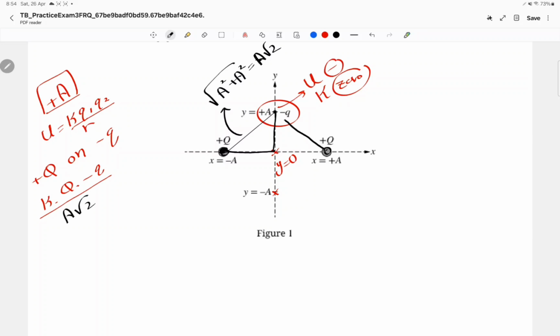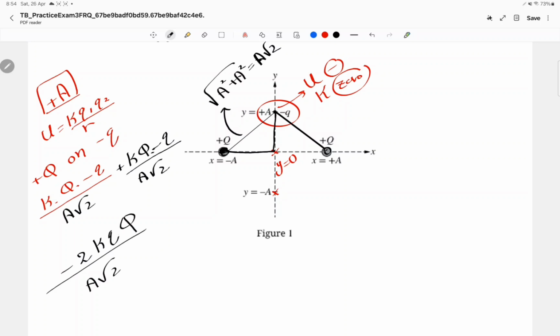It's also equally distant, right? So we're going to just add it up. So we're going to have k, q, minus q over a root 2. So we're going to have negative 2kq squared over a root 2. And as you can see, it is negative, right? The u is negative. That's why it's going to be under the x-axis.